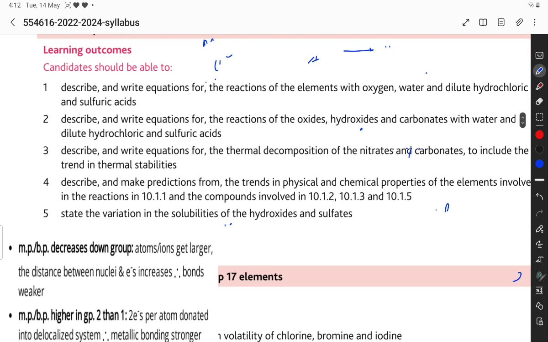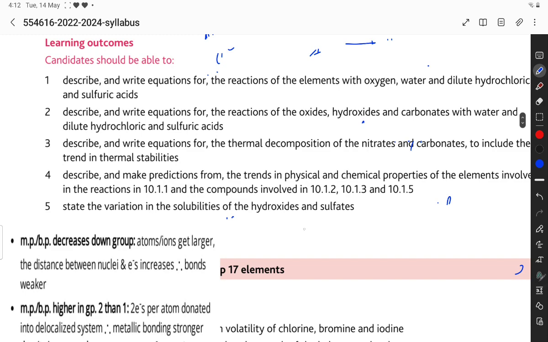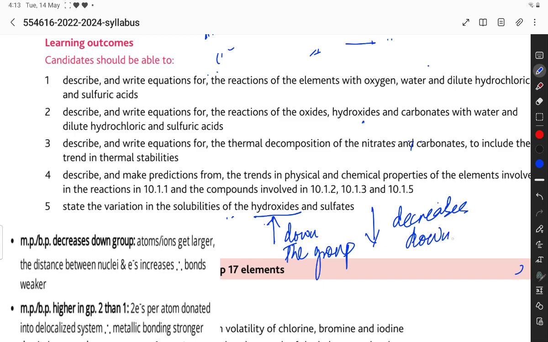State the variations in the solubilities of the hydroxides: the solubility of hydroxides increases down the group, and the solubility of sulfates decreases down the group.